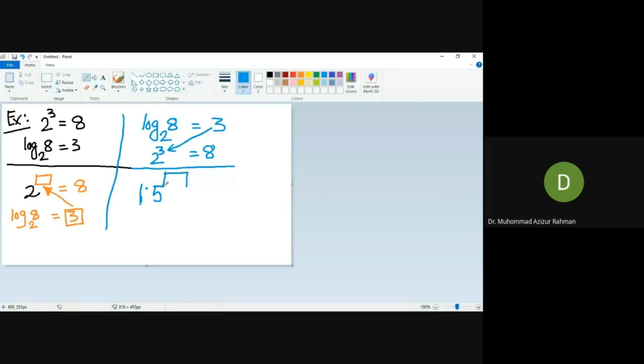If we do the logarithm, log base 1.5 of 100 equals what? Can we get this one? How much? And that will be the value of this power.